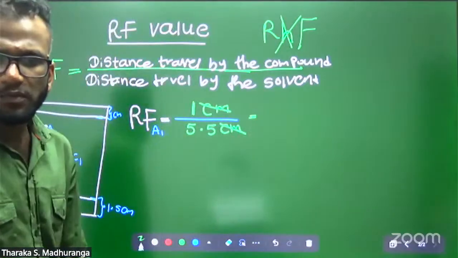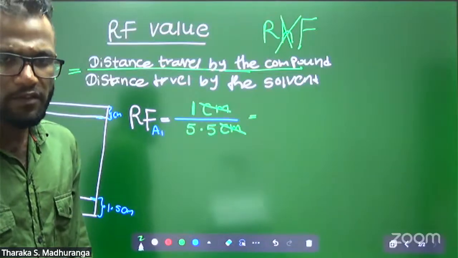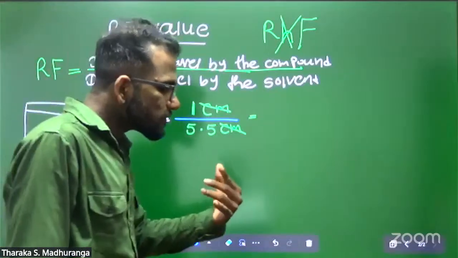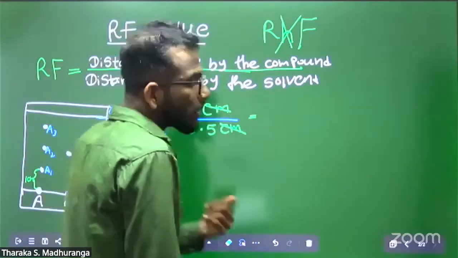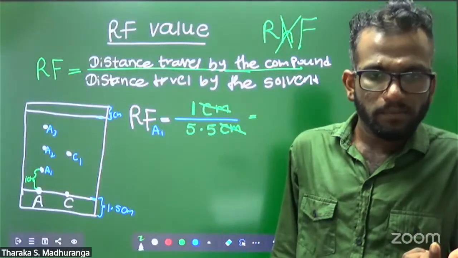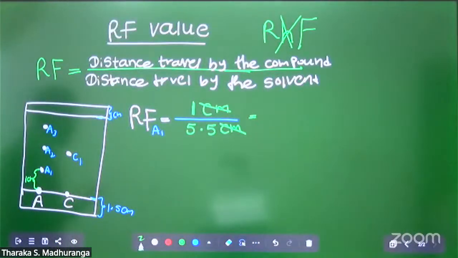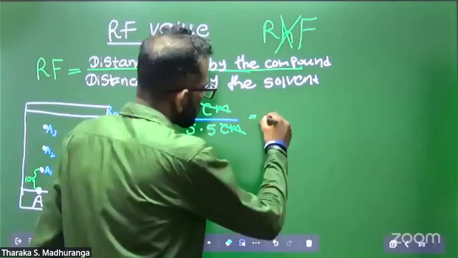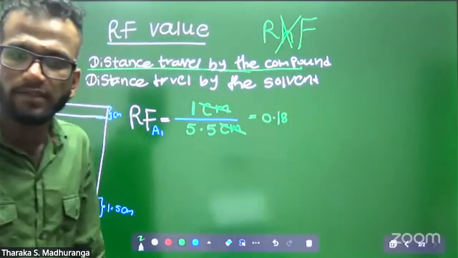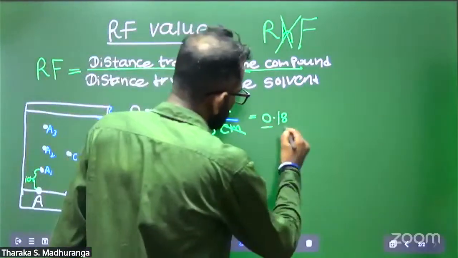What is the RF value? 1 over 5.5. This is the RF value of the A1 point. The A1 compound RF value is that. Simple, very simple. It is 0.1. Is there any unit? No unit. The centimeter to centimeter cancel out. No units. Okay, this is the RF value.